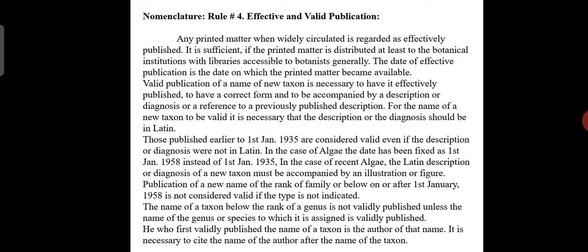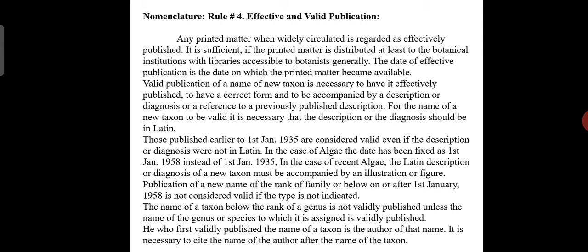For valid publication, the name of a new taxon must be effectively published, have a correct form, and be accompanied by a description or a diagnosis, or a reference to a previously published description. For the name of a new taxon to be valid, the description or diagnosis should be in Latin form.